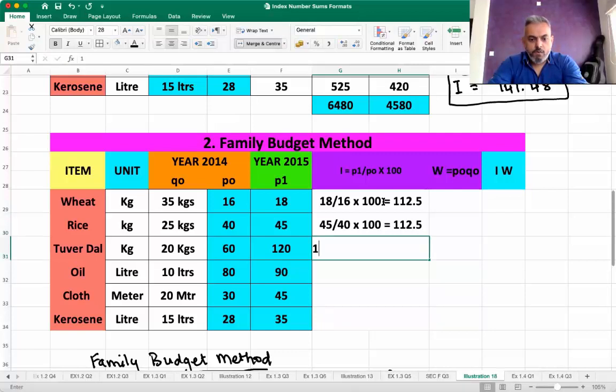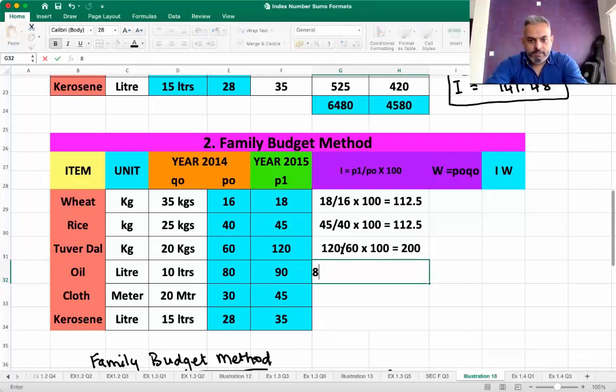Then 120 divided by 60 into 100 is equal to 200. Then 90 divided by 80 into 100. You have to do all these calculations. 112.5.